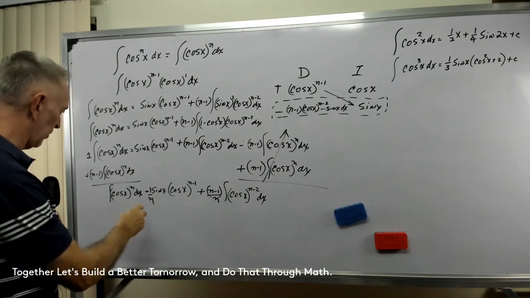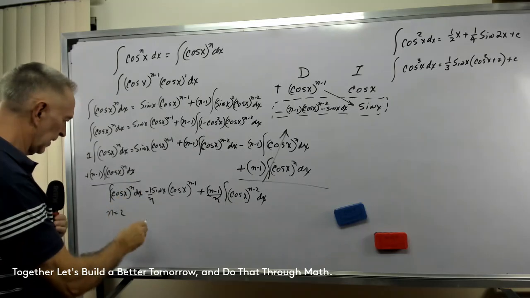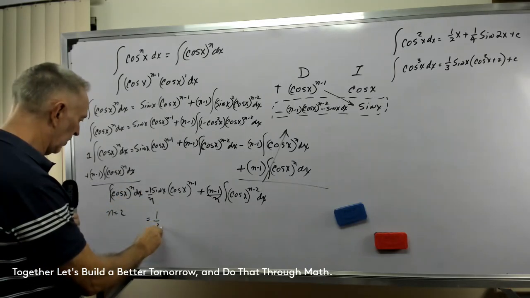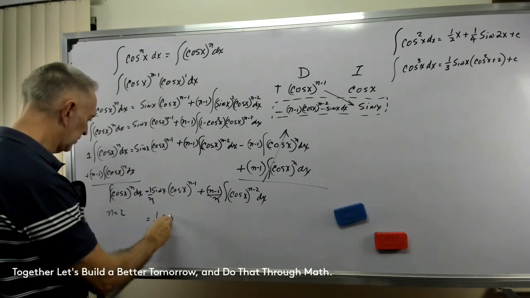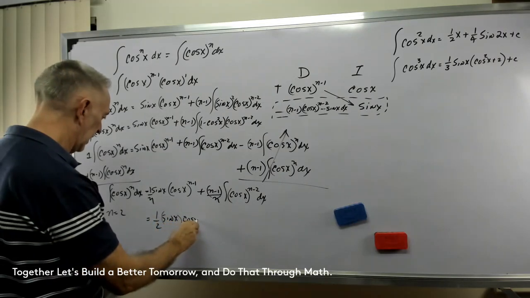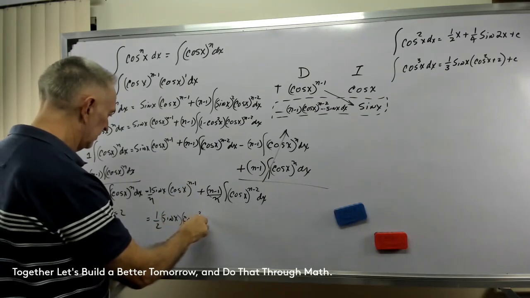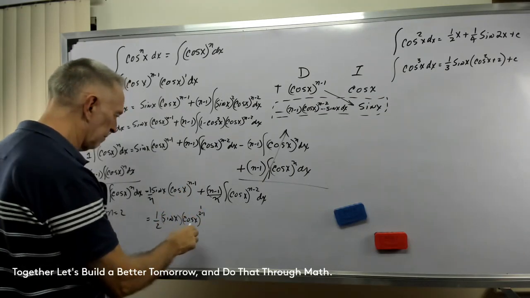Okay, so now let n equal 2. So we have 1/2 sine x times cosine x to the 2 minus 1. So that's just cosine x.